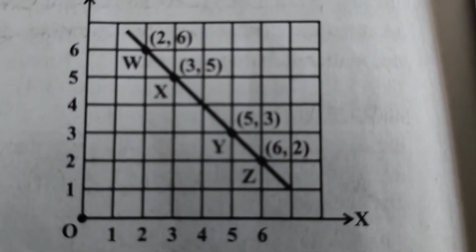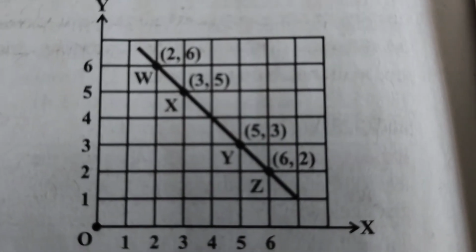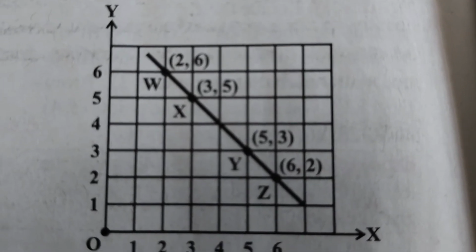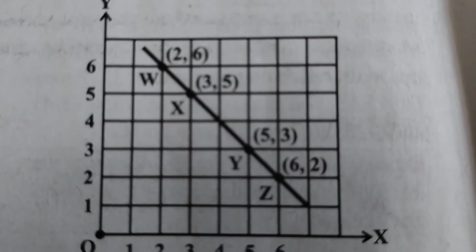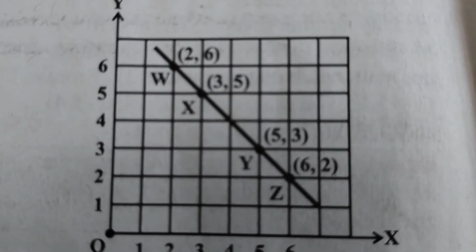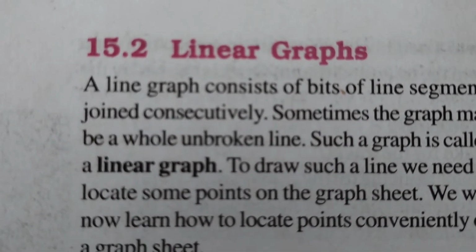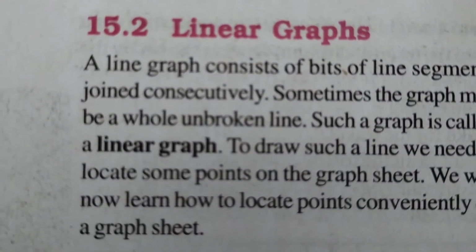Now here you can see W, X, Y, Z. W is 2, 6, X 3, 5, Y 5, 3, Z 6, 2. So if you join, these are also on the same line. So this is a linear graph. A line graph consists of bits of line segments joined consecutively.